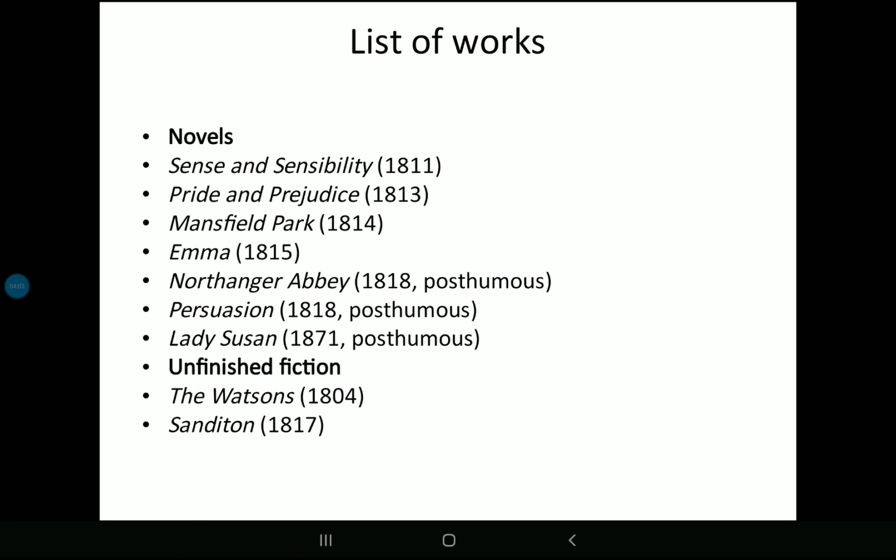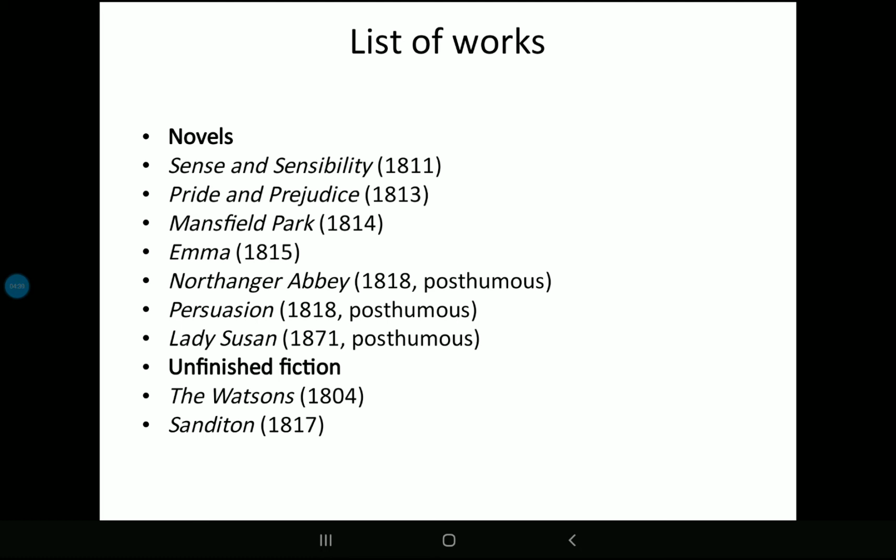So the most common or very popular novels are, at first, Sense and Sensibility, and the second one, the novel which we have in our curriculum, is Pride and Prejudice. It was written in 1813, and the rest of the works are Mansfield Park 1814, Emma 1815, and then we have Northanger Abbey, Persuasion, and Lady Susan.